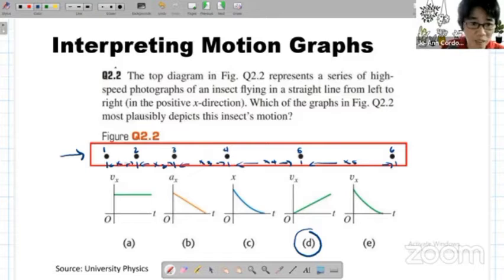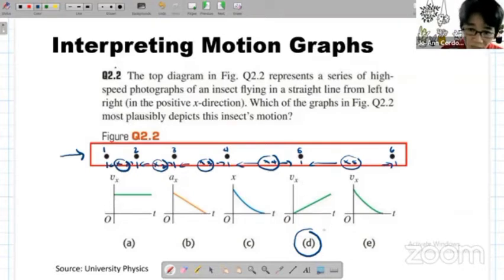Primarily because you will notice that starting from the first set of dots na x1, and if what we know is yung separation ng ating dots is for equal intervals of time, then you will notice please that the distance between dots is also increasing. So larger distance covered means faster, di ba? For the same amount of time, the larger distance covered means that you have an object that is faster. So in this case, because the distance that is being covered by the insect is actually increasing per unit time, then we therefore know that the velocity is increasing. Therefore, the correct answer is letter D.